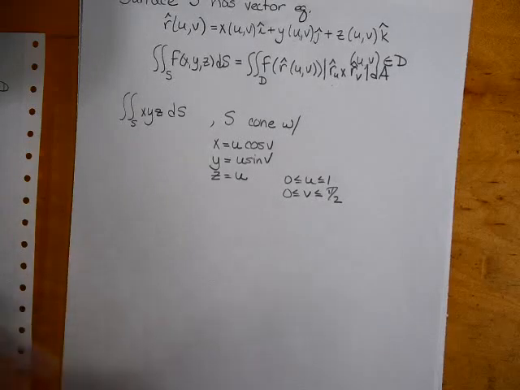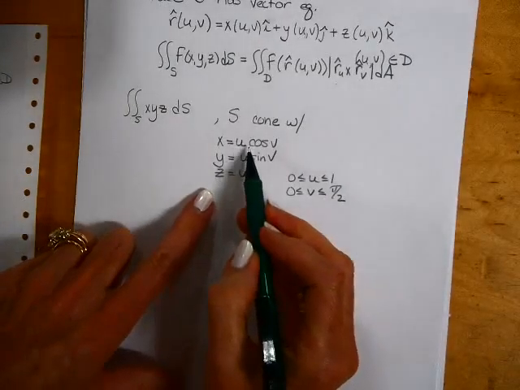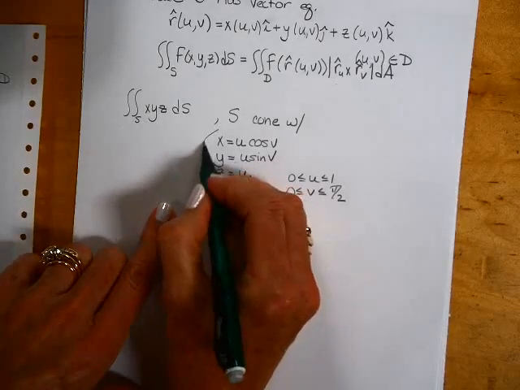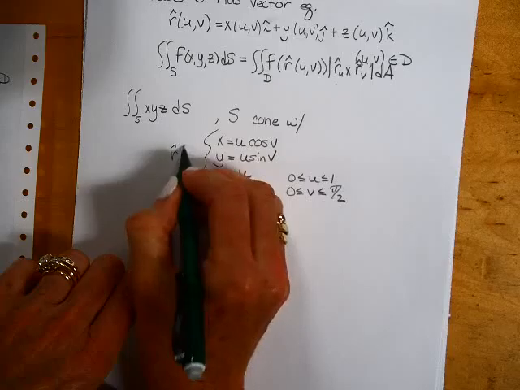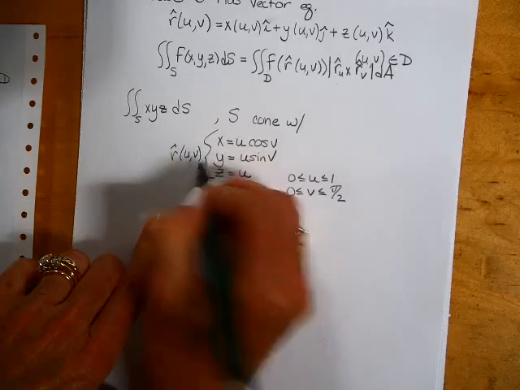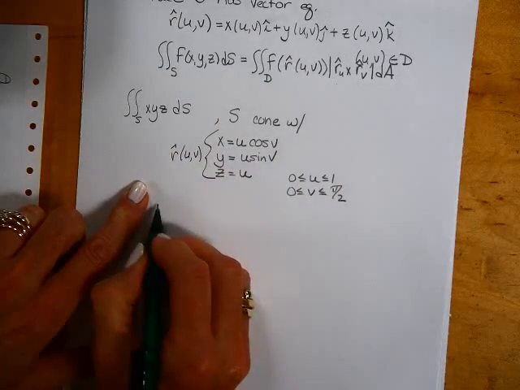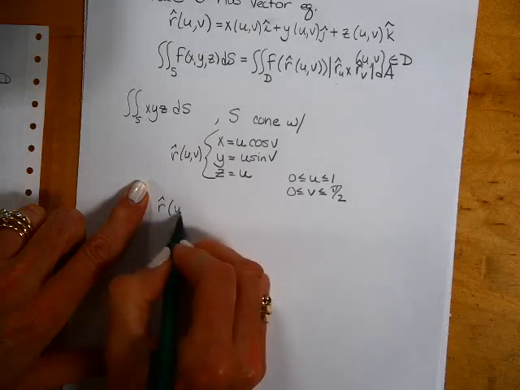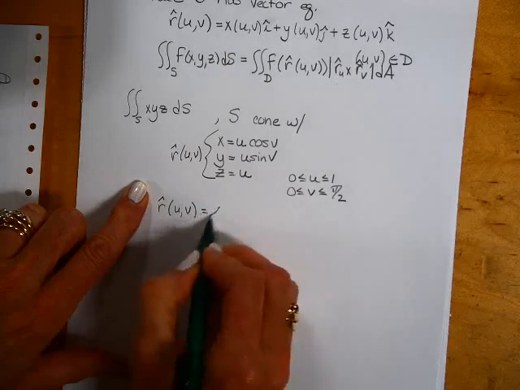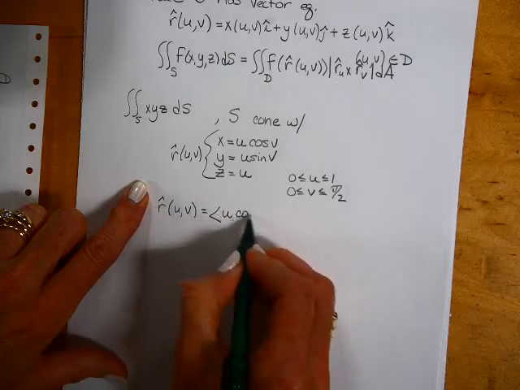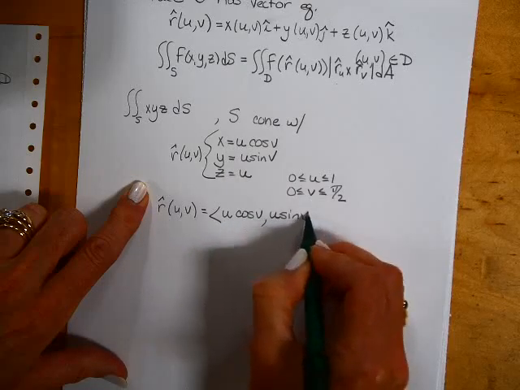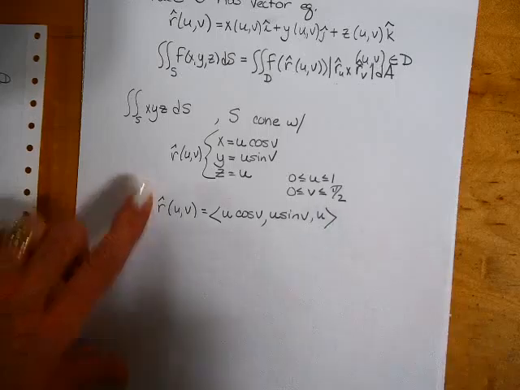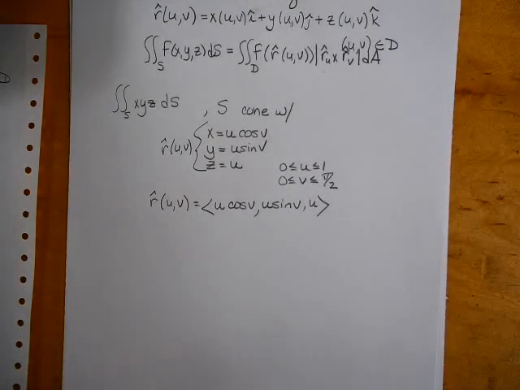All right, this is the parametric representation of S. This is your R of u, v. So R of u, v is the vector equation u cosine v, u sine v, and u.